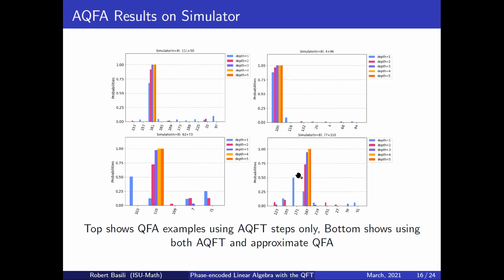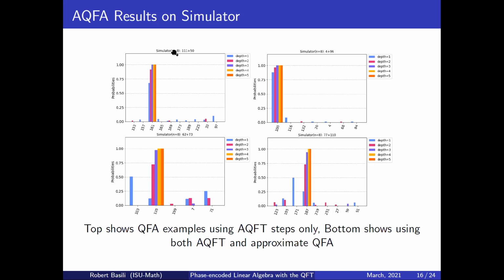Okay, so just to give a taste of what this looks like, here are some results of the approximate QFA on a simulator. The top shows where I've only used the approximate Quantum Fourier Transform, and I'm not truncating the adder itself.